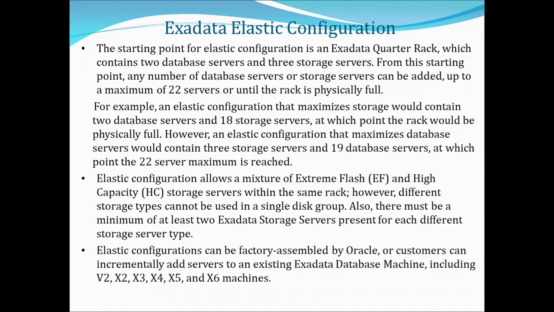From this starting point, any number of database or storage servers can be added, up to a maximum of 22 servers, until the rack is physically full. For example, an elastic configuration that maximizes storage would contain 2 database servers and 18 storage servers, at which point the rack would be physically full.